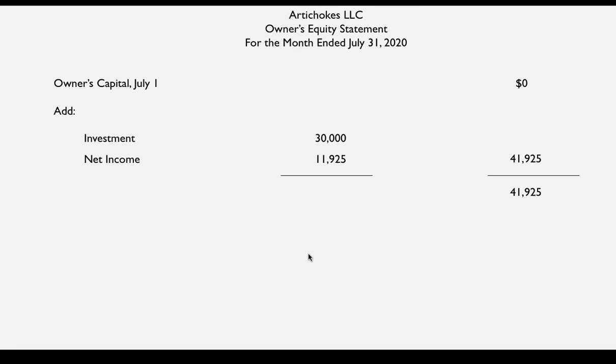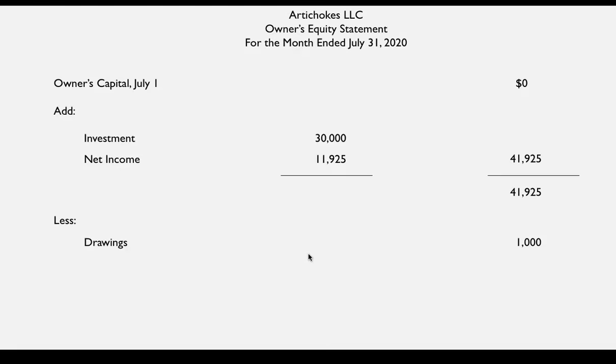So in our case, the only thing that will go under less is that $1,000 worth of drawings that we made. So since we only had one piece under this less category, that 1,000 can go over on that far right hand side in line with that 41,925.